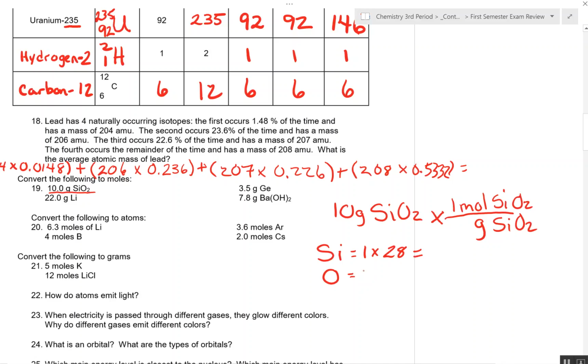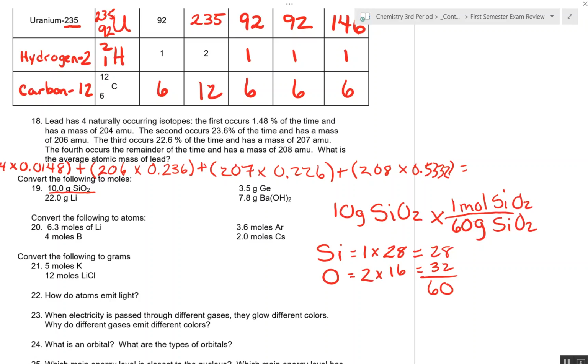How many oxygens do we have? 2. How much does each oxygen weigh? 16. So we got 28 plus 32 equals 60. So now, guys, it's going to be 10 times 1 divided by 60.